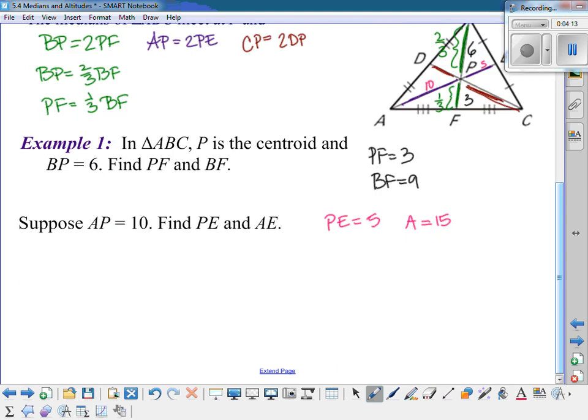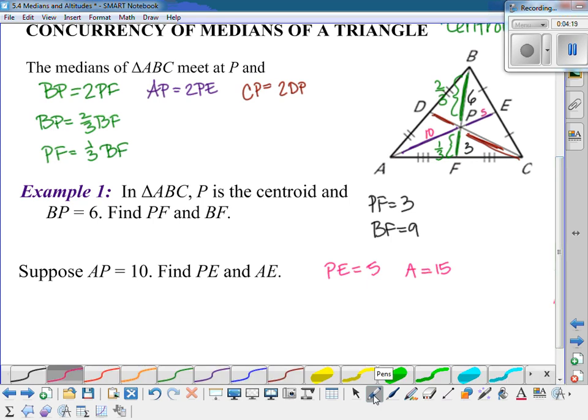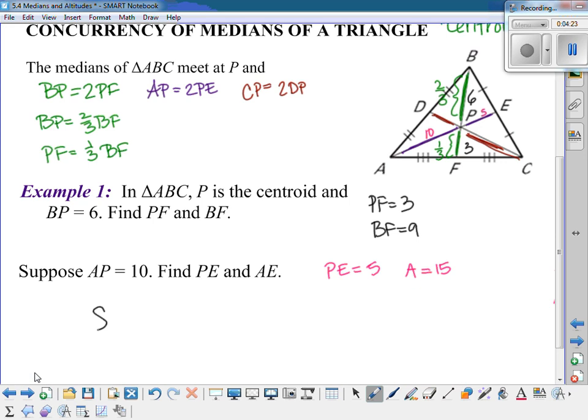Okay. Suppose instead of giving you just the piece, I tell you the whole thing. Suppose that CD is equal to 12. Can you figure out what CP and PD would equal? Think about it for a second.